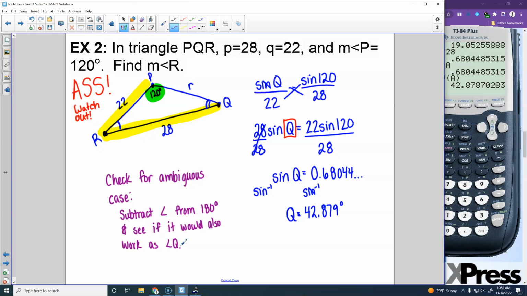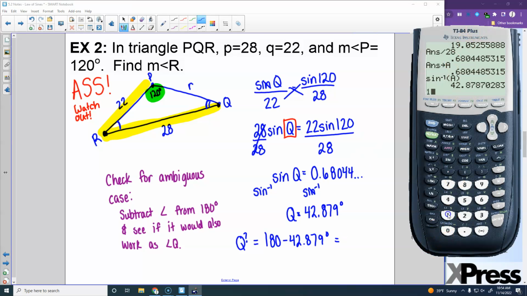Alright, so when you find the angle, if it is an angle side-side problem, you are going to do 180 degrees minus that number that we just got. I'm going to put Q question mark here because we're not sure if this could be Q or not.